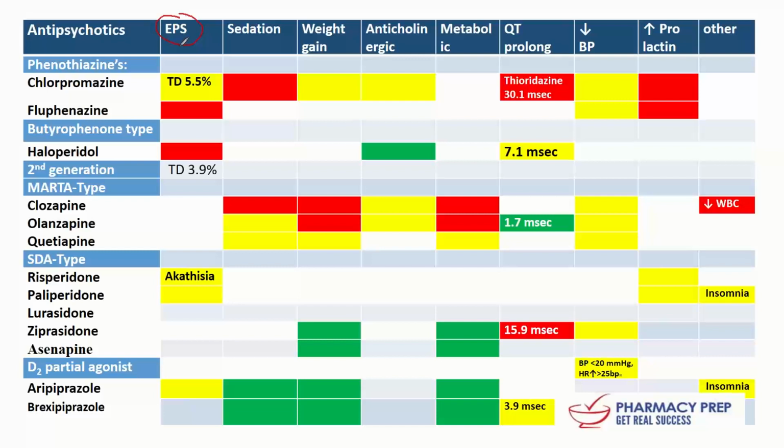To make it quick, in short, extrapyramidal symptoms are mainly due to D2, dopamine 2 receptor inhibition. Any drug that strongly inhibits dopamine 2 receptors has a higher risk of extrapyramidal symptoms. Among those, the well-known drugs that cause extrapyramidal symptoms are the first generation antipsychotic drugs, the older ones, known as phenothiazines.